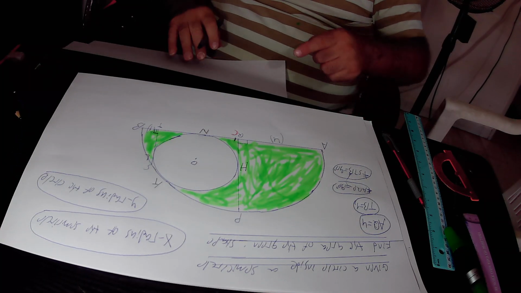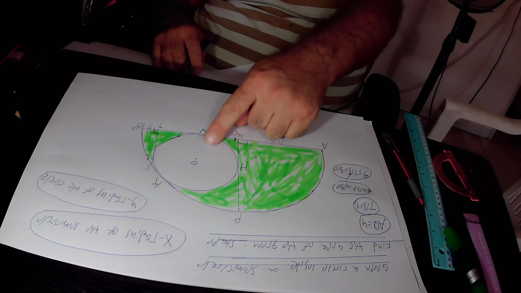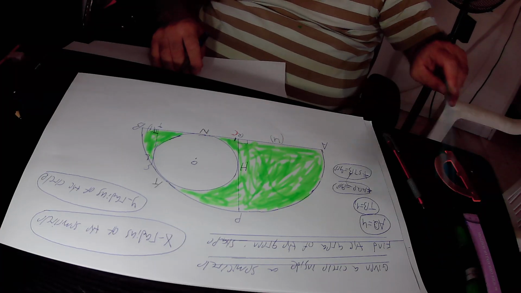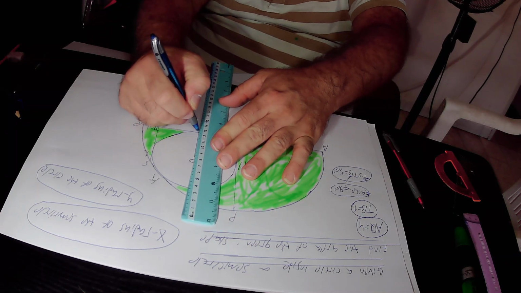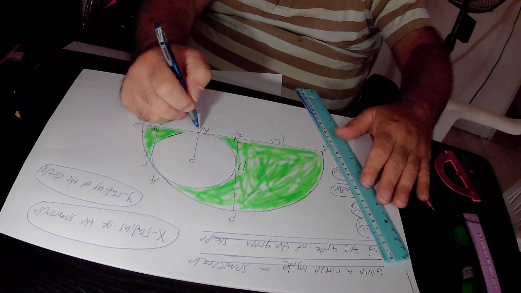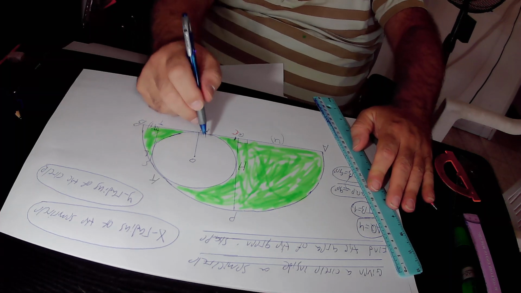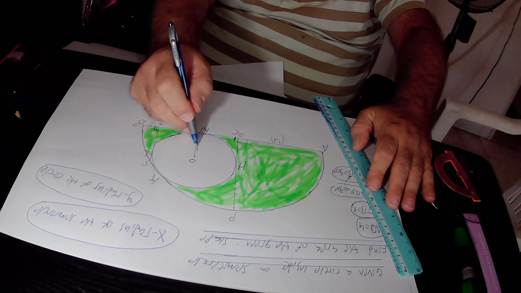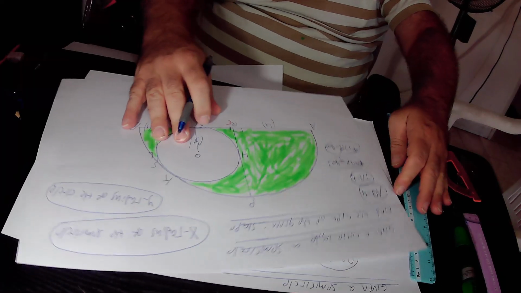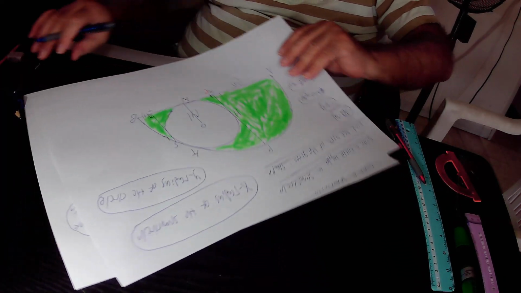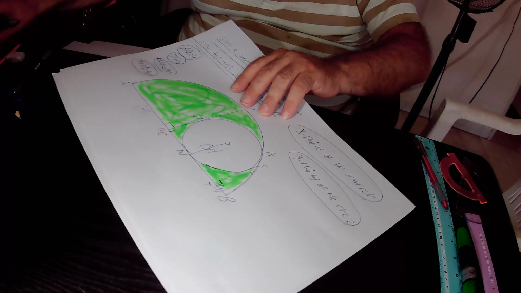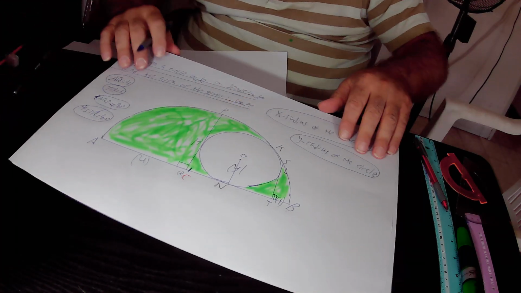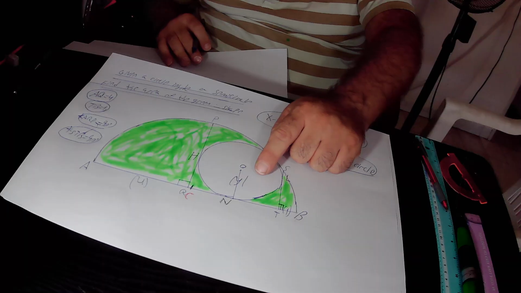In the next step, we join points O and N together by a straight line. Point O is the center of the circle, point N is the point of the circle itself, therefore ON is the radius of the circle that is equals to y. The radius ON is equals to y.